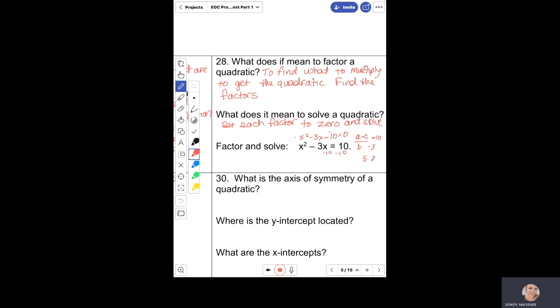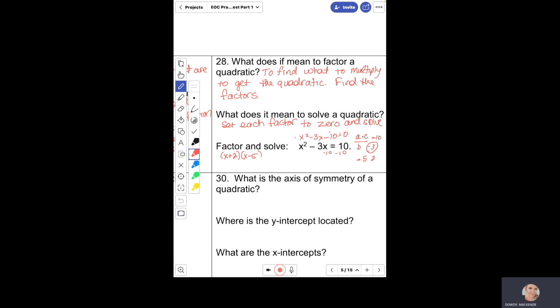To get negative 10, one of them has to be negative. Since this value is negative, our larger value is going to be negative. So it's going to be negative 5. So our factors are x plus 2 and x minus 5.